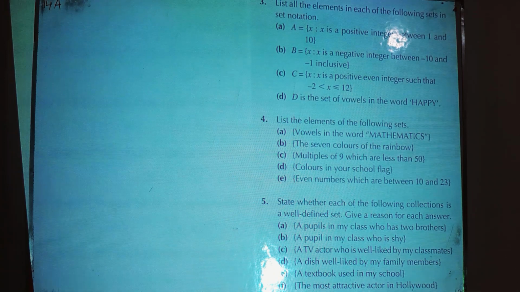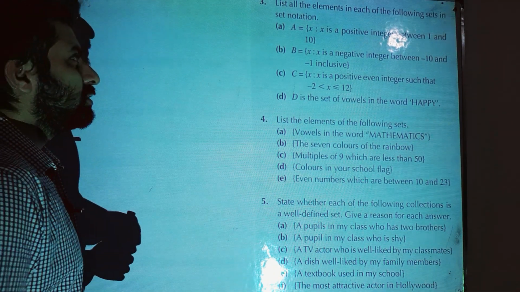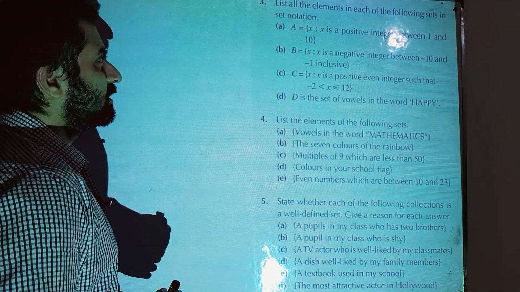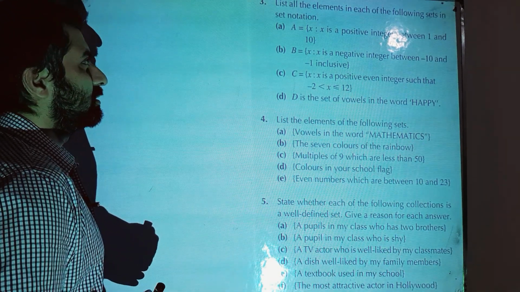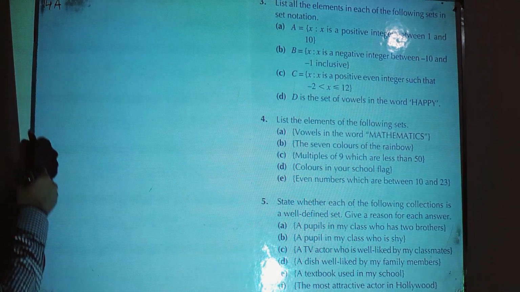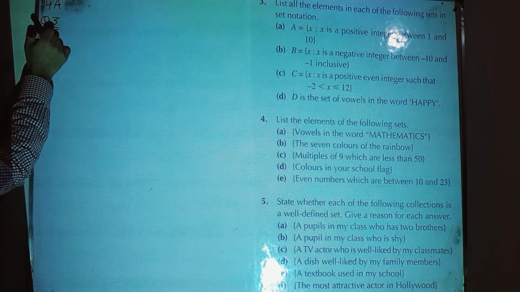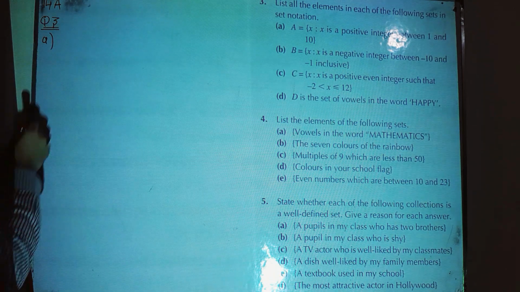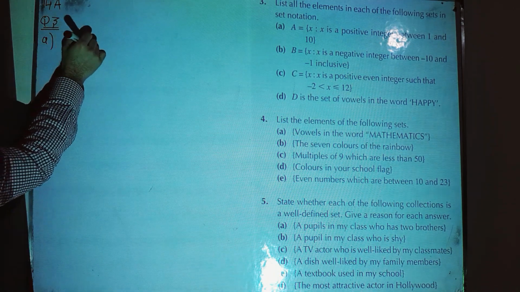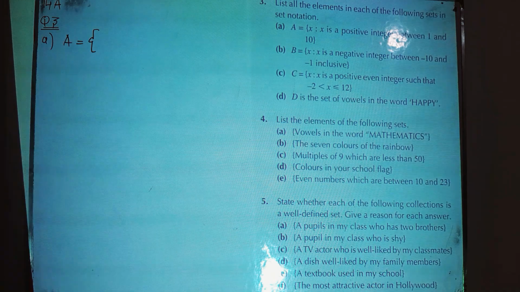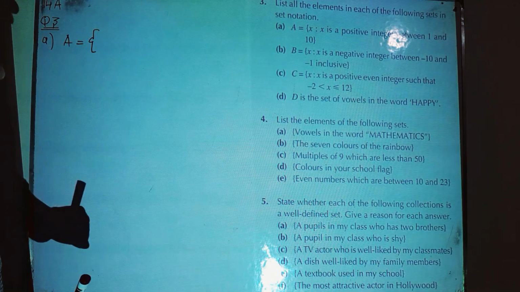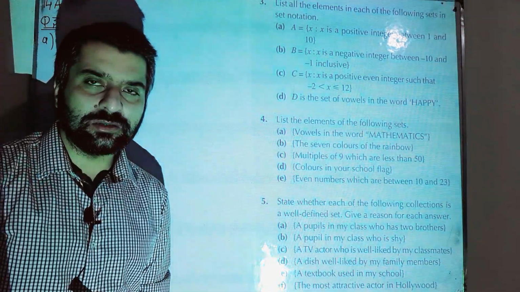Then we have question number 3. List all the elements in each of the following sets in set notation. Okay, so part number A, question number 3. Now A, we have to write it in set notation. Basically we have 3 ways to describe a set.